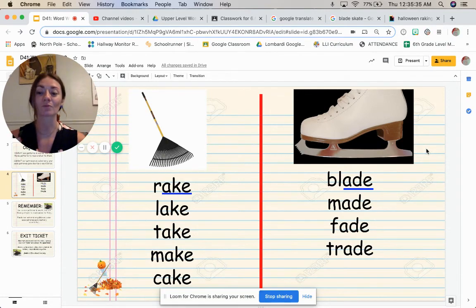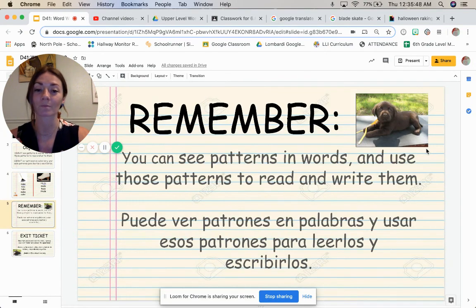Awesome job. So we just learned 2 new word parts. That's going to help us read words, and also that's going to help us write new words too. These word parts are so important. So remember, we can see patterns in words and use those patterns to read and write them.